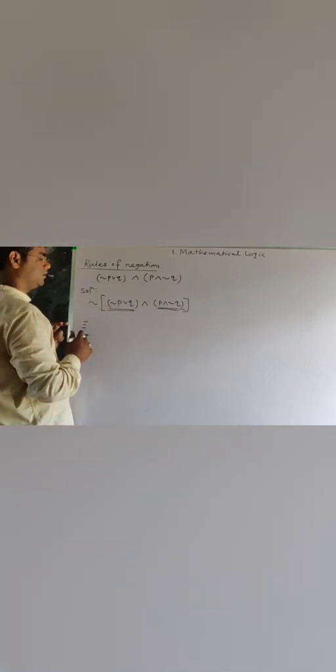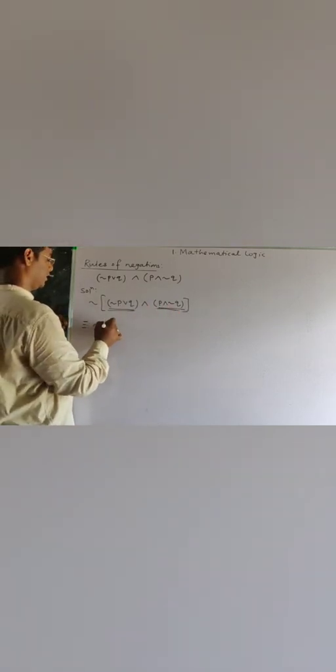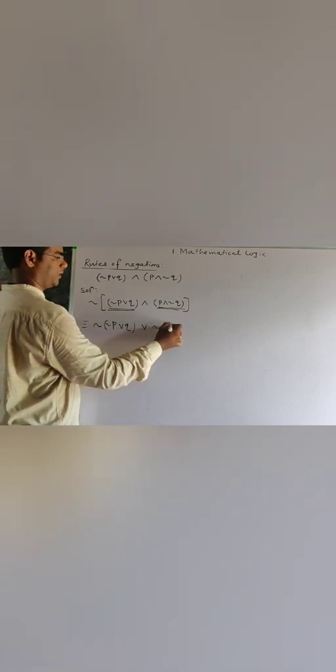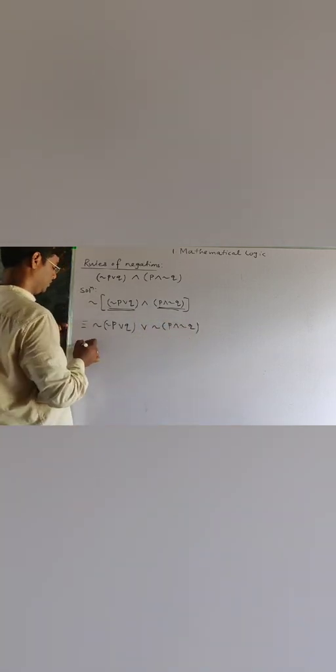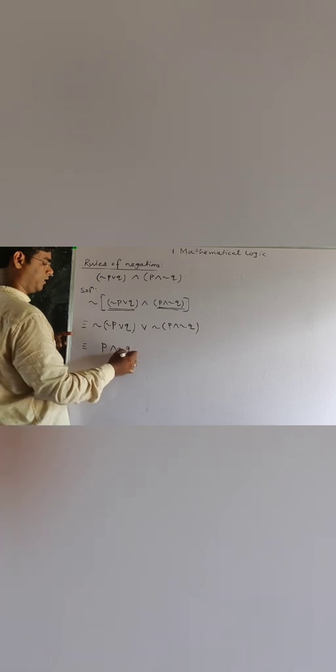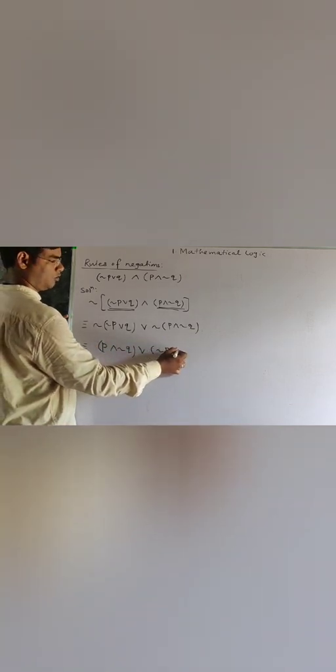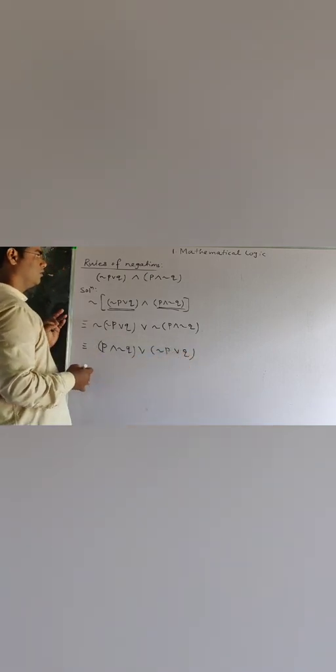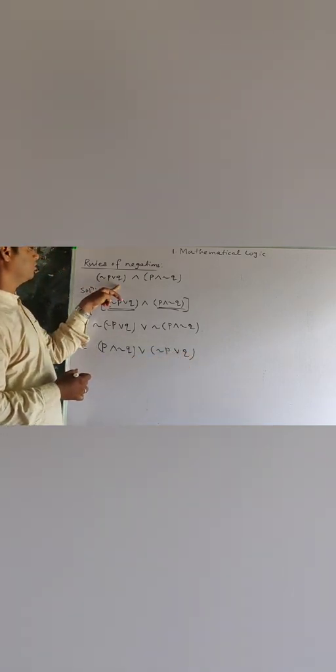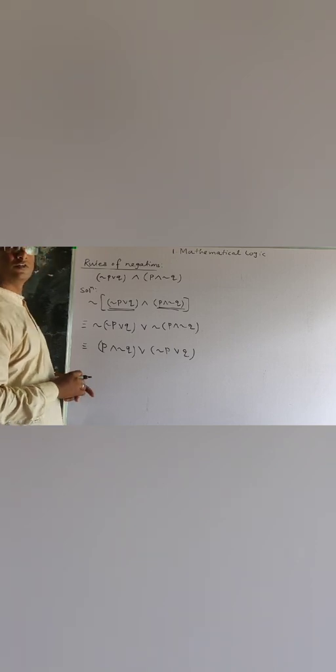Consider these two statements as individual statements. So write the negation of these two statements: negation of (negation of P or Q), and is replaced by the connective or, negation of (P and negation of Q). Use De Morgan's law again: the negation gets cancelled, P or Q, and negation of P or Q. This is the negation of the given statement.